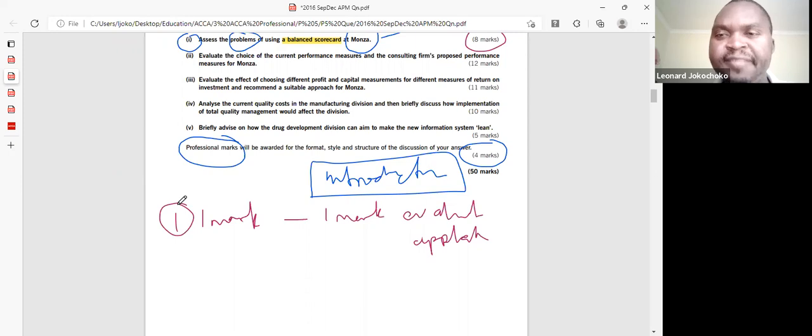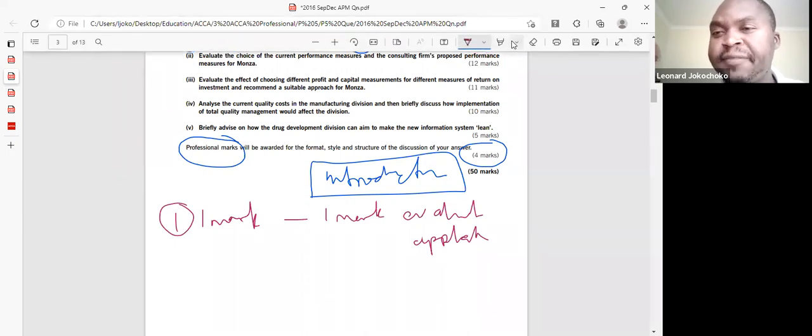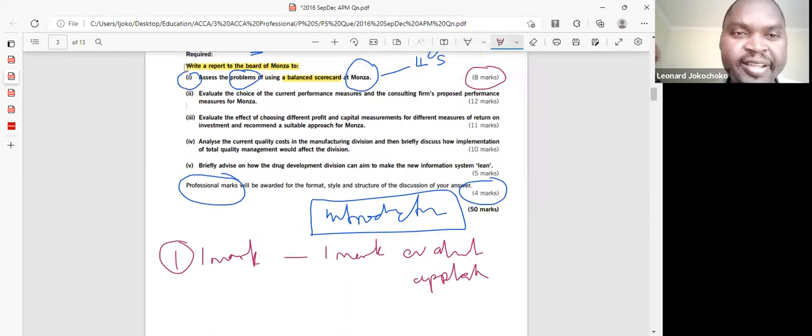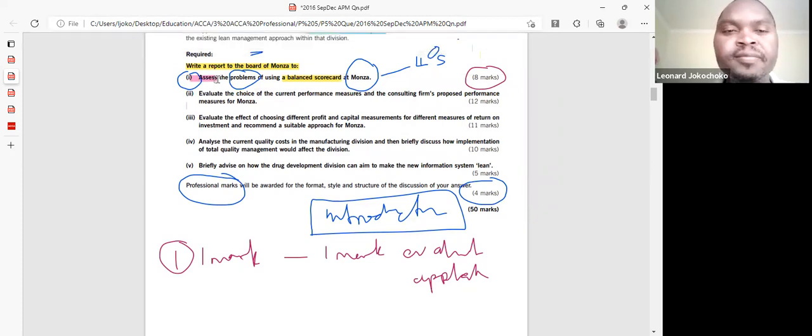Therefore, it is not a decisive tool. Pay attention to the last word I use. Therefore, it is not a decisive tool. With that particular wording, I've directly answered the question. The question said assess. And therefore, I've shown the implication of using the balanced scorecard.